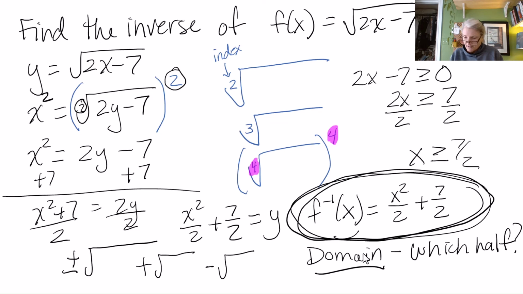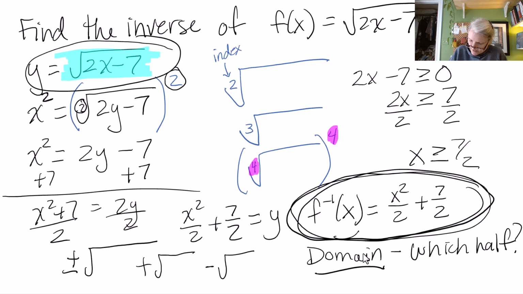So we have to go back and look at our original radical up here and see what sign is in front of it. Well, if there's no sign in front of it, that means it's positive. So this particular function, we are talking about the right half of our parabola. So they'll want to know what is the domain for the right half of that parabola.